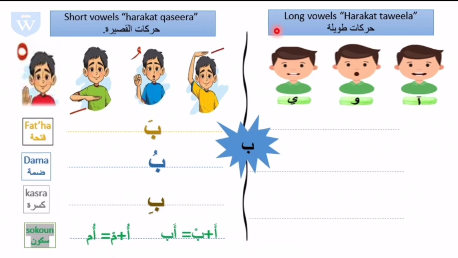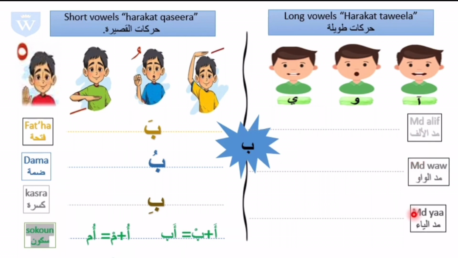Now I'm going to move to الحركات الطويلة, the long vowels. We have three long vowels: مد الألف, مد الواو, and مد الياء. So مد الألف makes the sound longer.